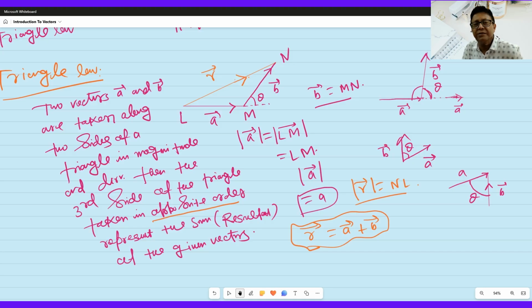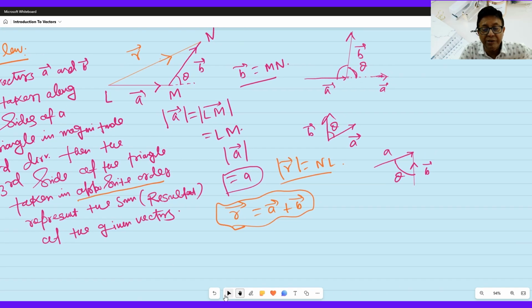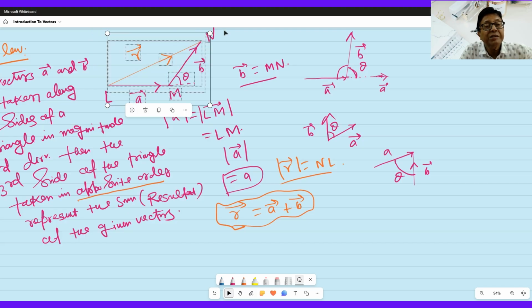Their resultant will be in this direction. Clear? But we have to do a very important thing about this: the magnitude and direction, that we did not find. How to get the magnitude and direction of this vector, this I am going to explain.